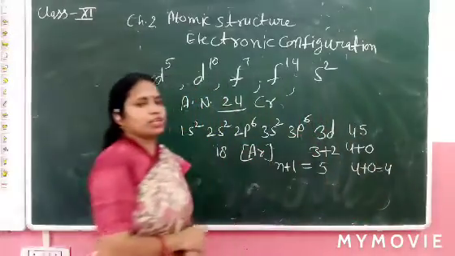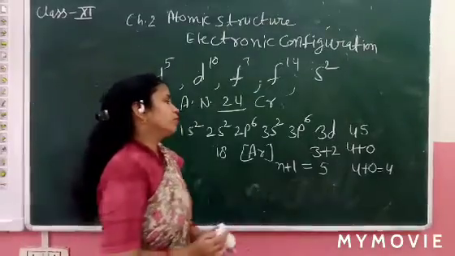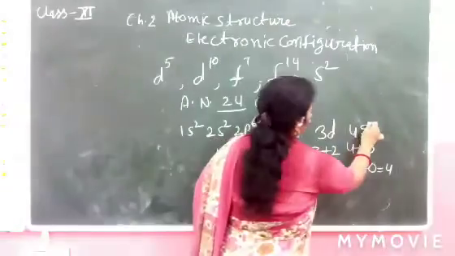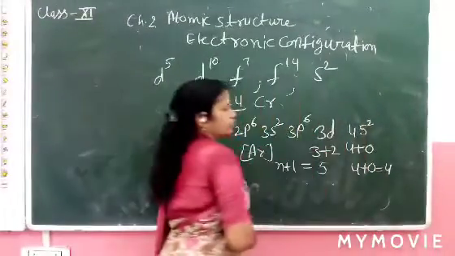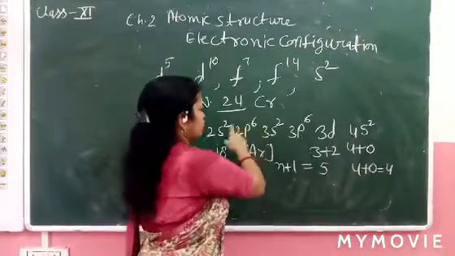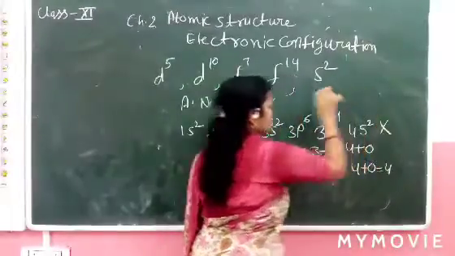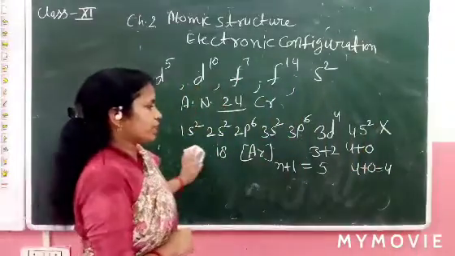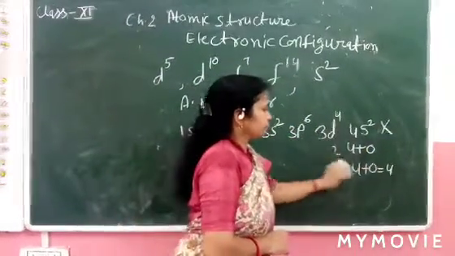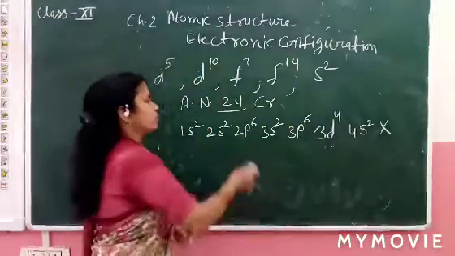Here electrons are filled in which orbital? 4s. Maximum capacity is 2. And how many electrons are present in d? d4. But it is the wrong configuration. So what is the right configuration? 3d4 is not stable, does not exist.